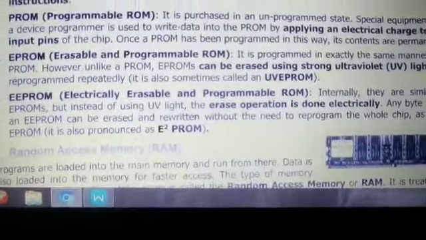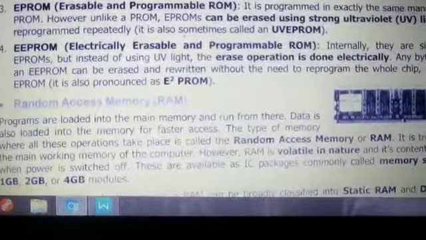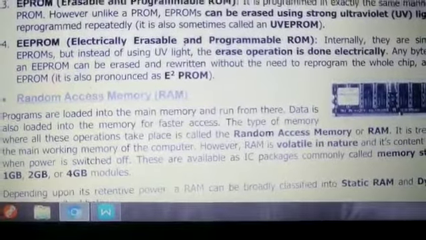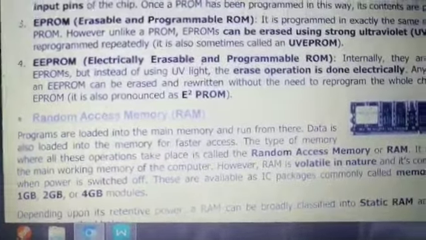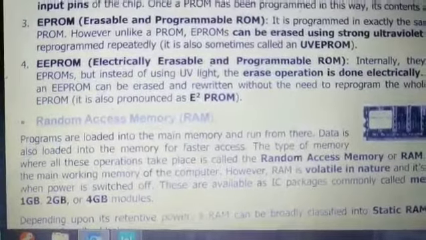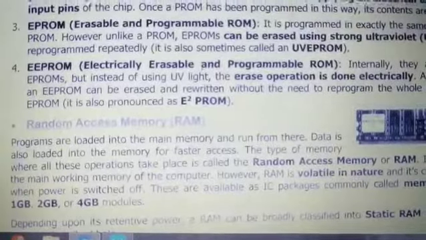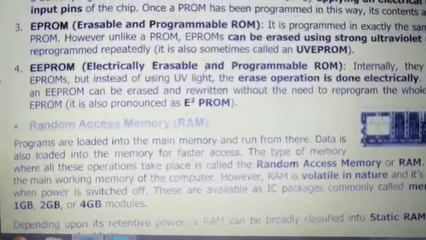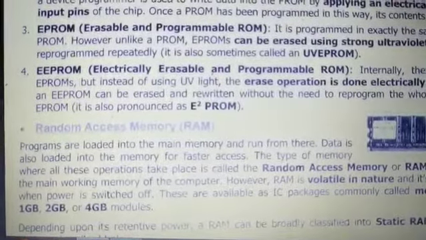Okay, next come to the topic, that is random access memory. Programs are loaded into the main memory and run from there. Data is also loaded into the memory for faster access.